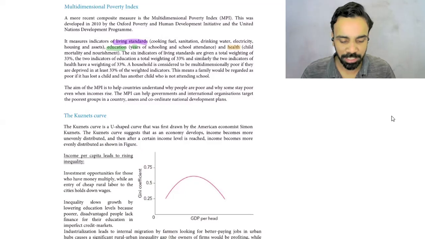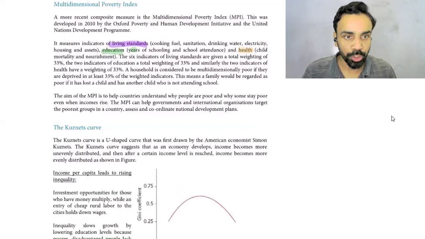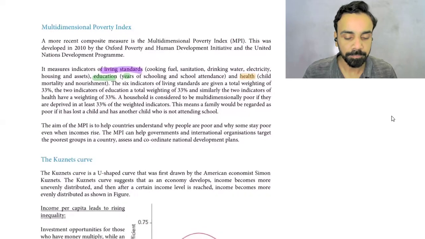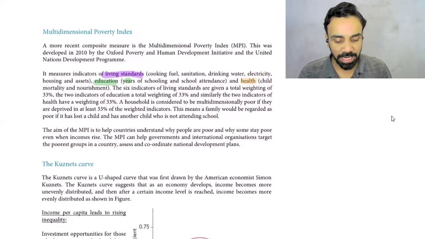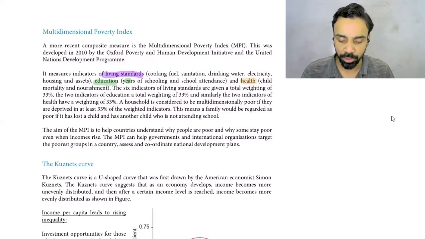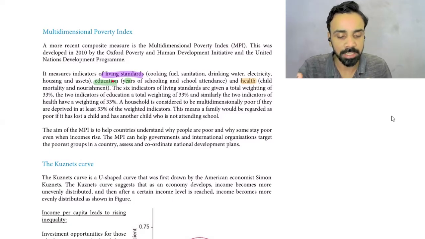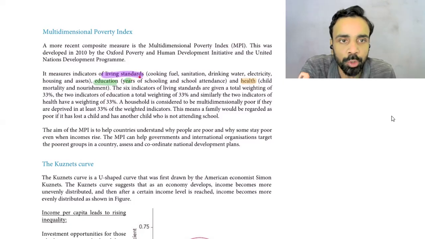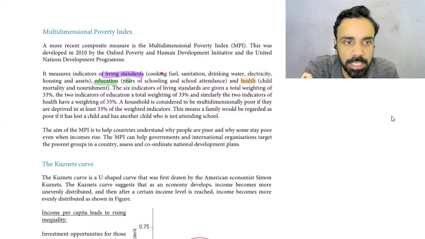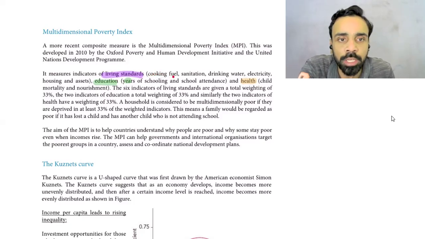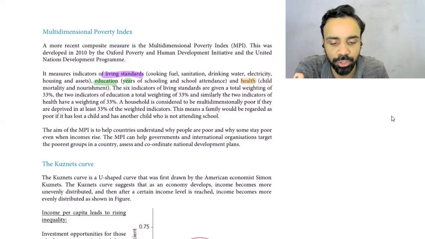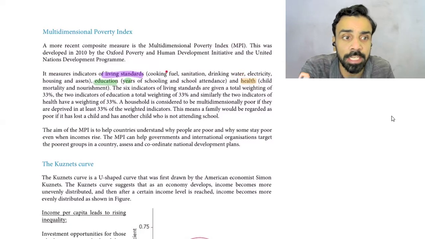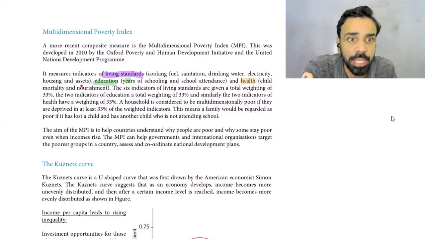If you notice, it's a lot similar to your HDI. But what happens is that it talks about things in much more detail. So, for example, when you're looking at living standards, you're not just looking at GNI per head. You're looking into much more detail. The details are things like availability of cooking fuel, sanitation, drinking water, electricity, housing and assets. You're taking these things into consideration.